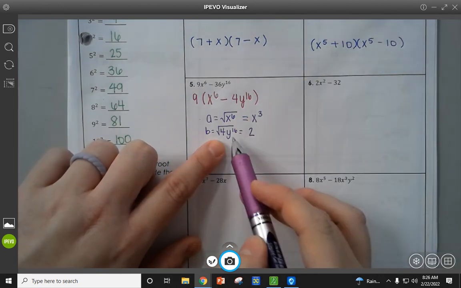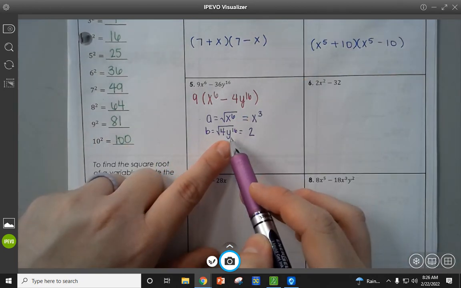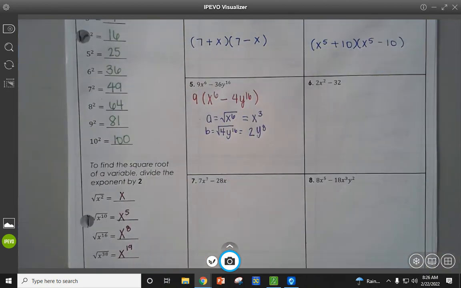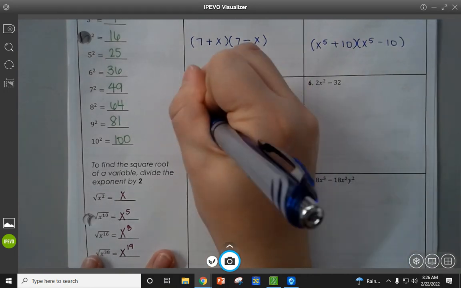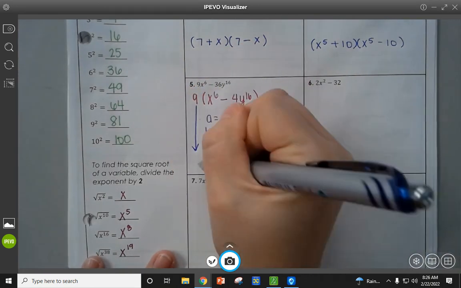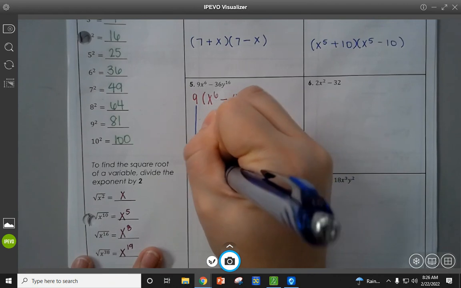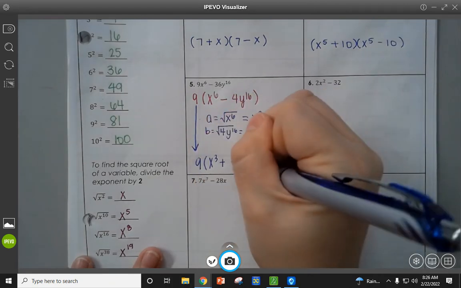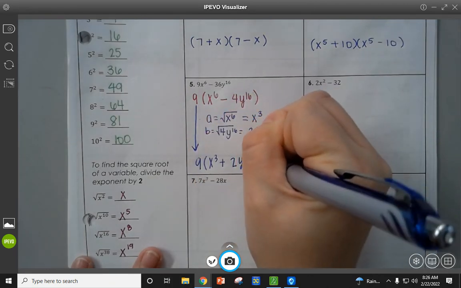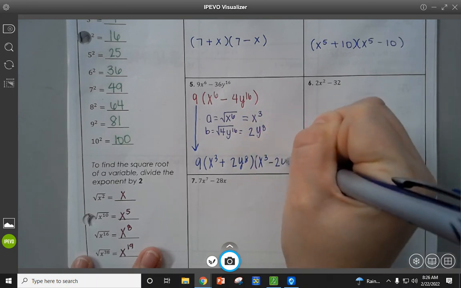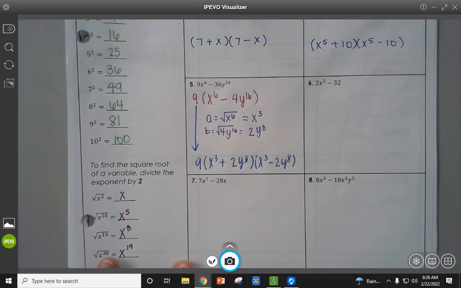And the square root of y to the 16th is y to the 8th. In your final answer, you have to always remember to bring down your GCF. So I have 9, and then x cubed plus 2y to the 8th, x cubed minus 2y to the 8th.